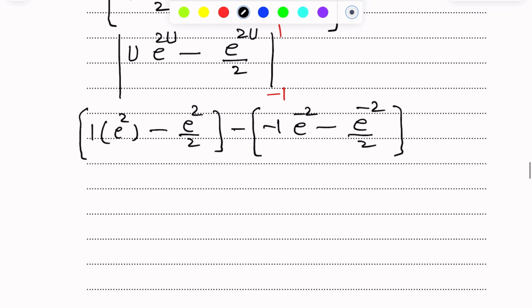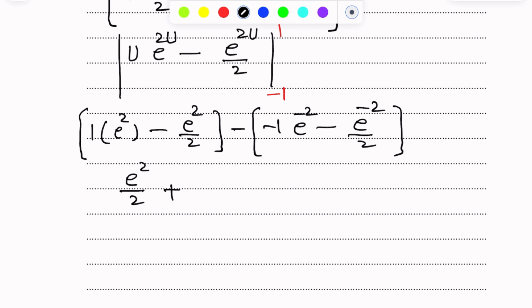Now we will simplify this and give the answer in exact form. e square minus e square over 2, by taking LCM we can write it as e square over 2, plus, we are taking minus common because both terms are with negative sign, negative and negative, positive.